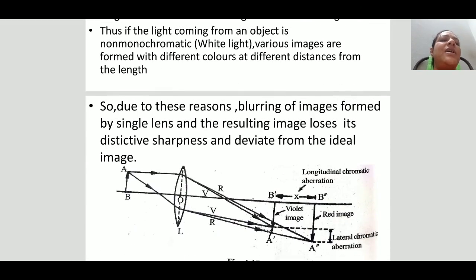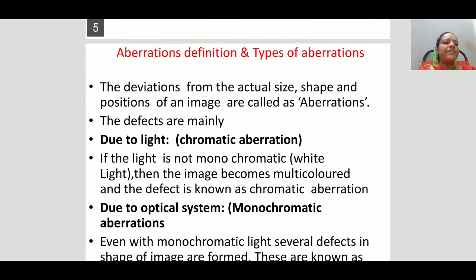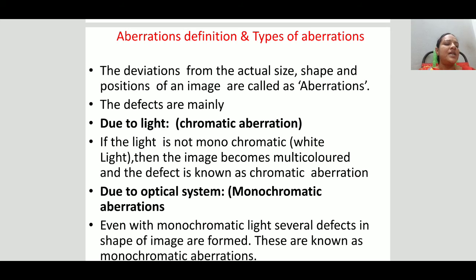So aberrations, by definition, are the deviations from the actual size, shape and position of an image. These aberrations are of two types: those due to white light, and those due to monochromatic light, that is, due to the optical system. The first are known as chromatic aberration. When the object is illuminated with white light, we get chromatic aberration.